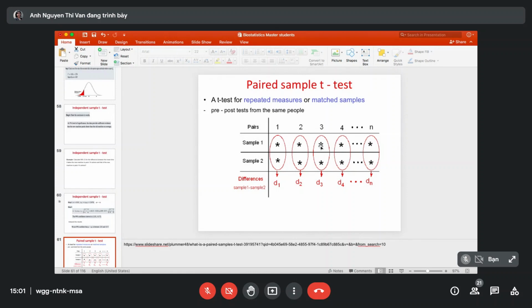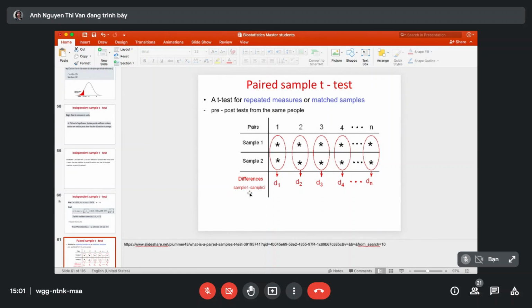So we have many pairs of data of different objects. In this kind of test, to test the hypothesis, you need to calculate the difference between each pair. That is, for pair 1, you calculate the difference D1, sample 1 minus sample 2.